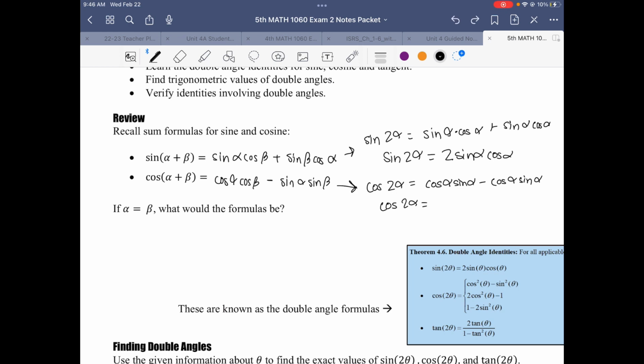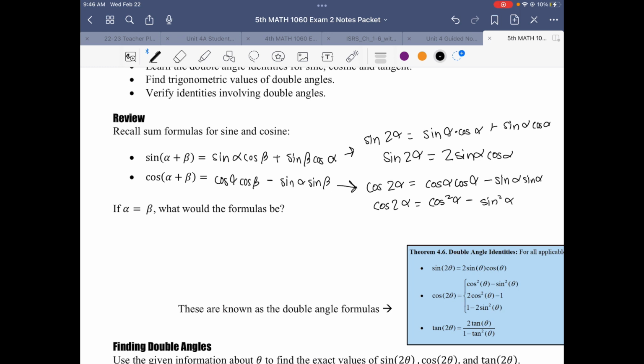Oh, Mrs. Boyce messed up. Hold on, backtrack. Cosine of alpha times cosine of alpha minus sine of alpha times sine of alpha. That one's better. So then the cosine of 2 alpha would equal cosine squared of alpha minus sine squared of alpha.